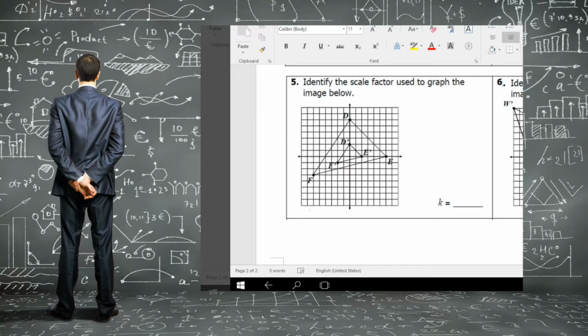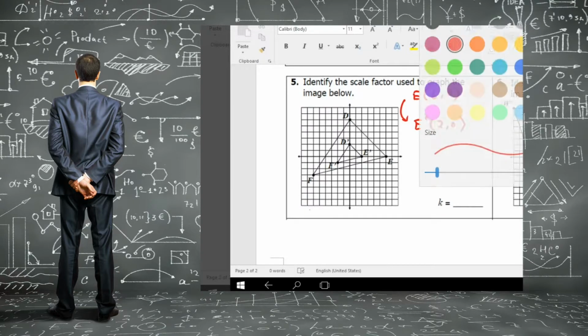Let's take E. E, where's E? That's the original. E is at 6, 0. And where's E prime? E prime is at 2, 0. Well, how did I go from E to E prime? How did 6 go to 2? I divided by 3.